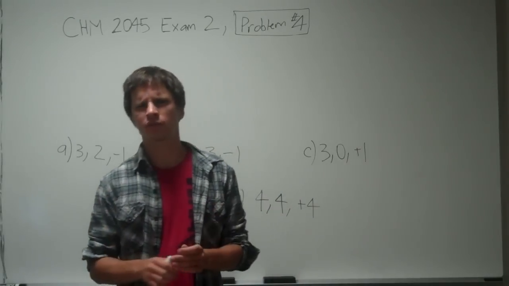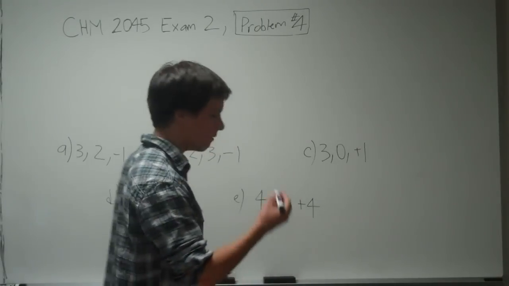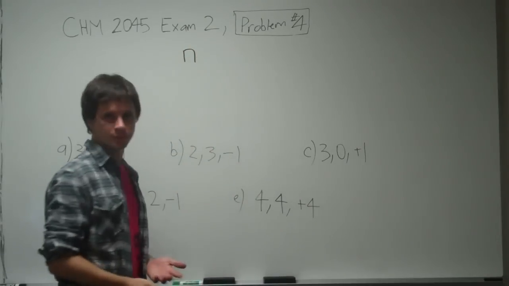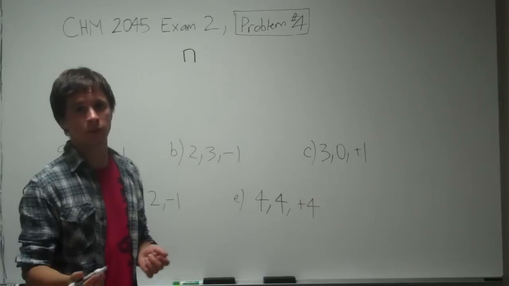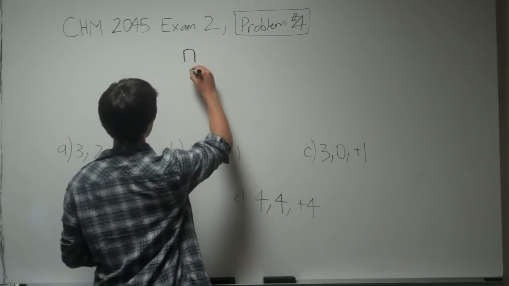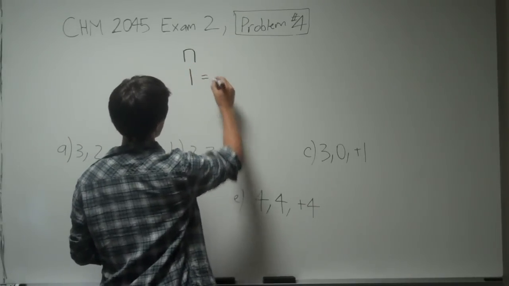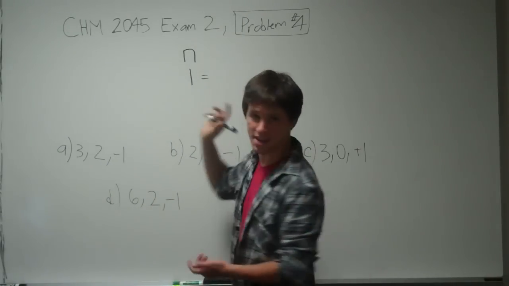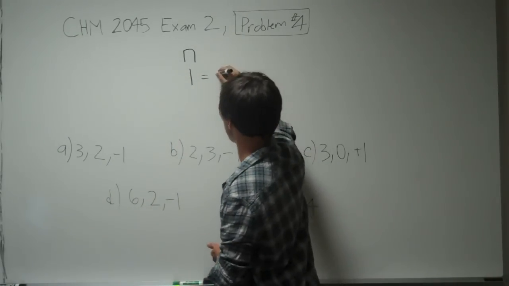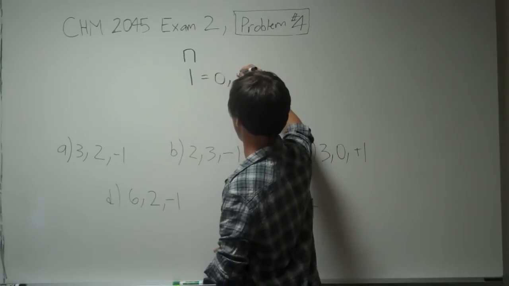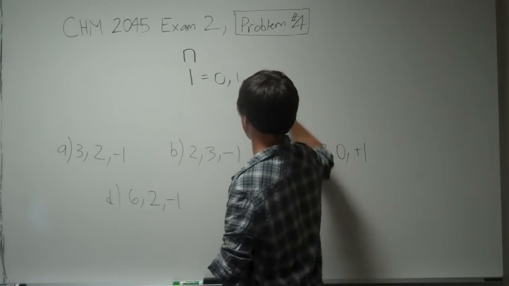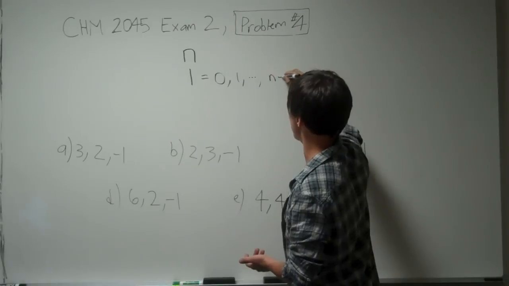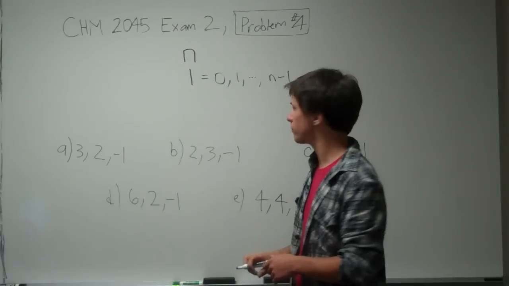So, just an overview of the basic rules here, real quick. n is going to be some number. That's the first number in the set. The second number in the set is going to be l, and l can be anything up to n minus 1. So l can be 0, it can be 1, all the way up to whatever n minus 1 is, 1 less than n.